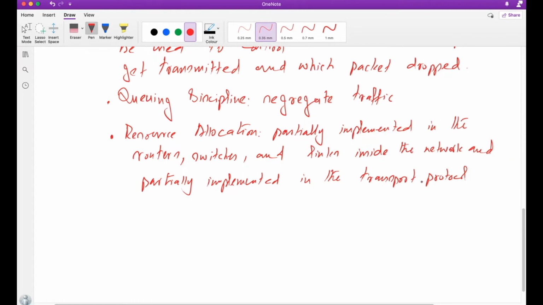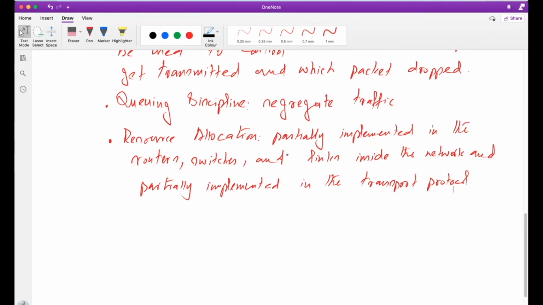Right? And obviously this transport protocol is running on the end host. So we have probably briefly covered the implementation of congestion control in the transport protocol at the end machines. But the focus will be on partially implementing resource allocation in switches, routers, and the links inside the network. Let's talk about the issues in resource allocation.